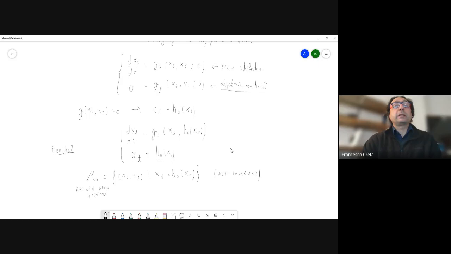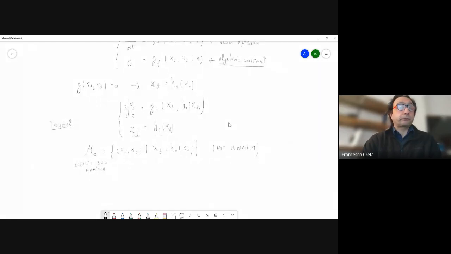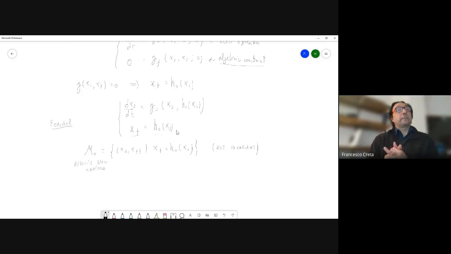So the original system is reduced in dimensionality because now we only solve for one variable, not two, or one set of variables. And it's non-stiff because clearly the expression of the fast variables is not there anymore, and the fast variables are simply following the slow variables through this algebraic constraint.